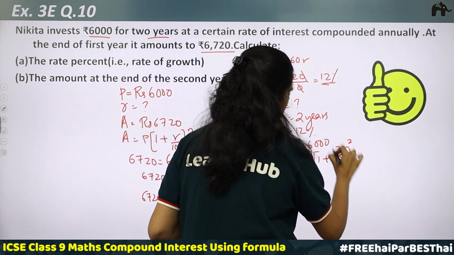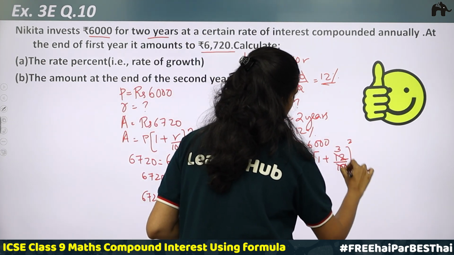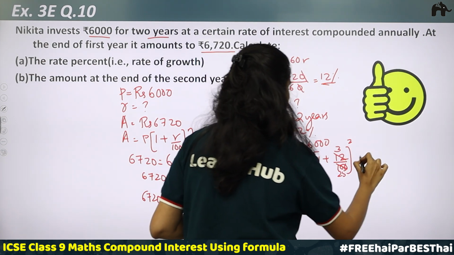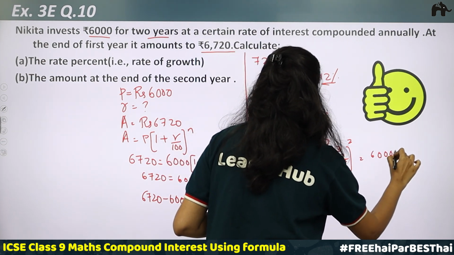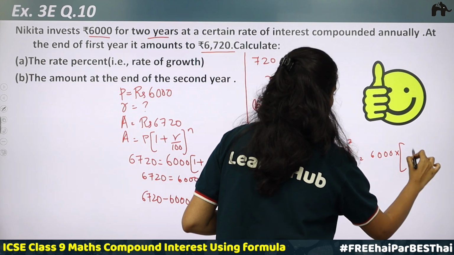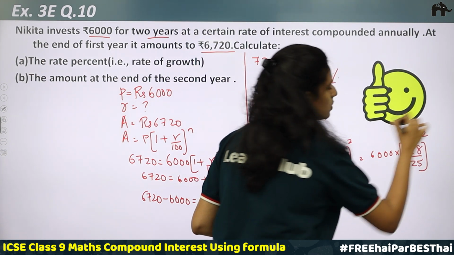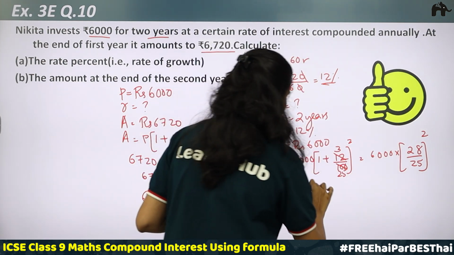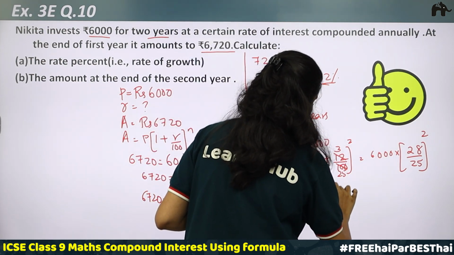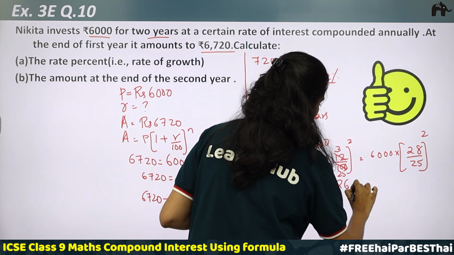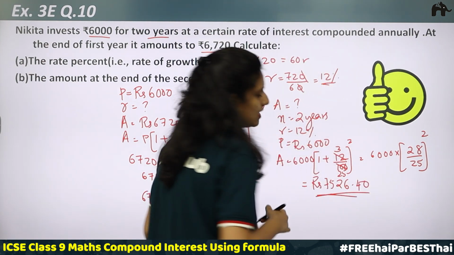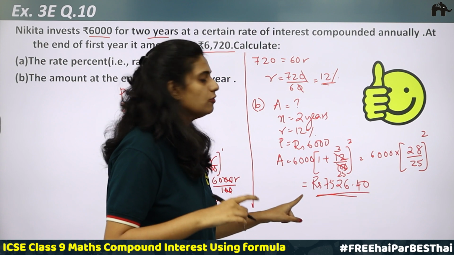So, this is 4 3s are 12. 4 into 25, which is 6,000 into 28 by 25 whole square. When you calculate this, you will be getting rupees 7,526.40. So this is your final answer. Okay, this is the amount at the end of 2 years.